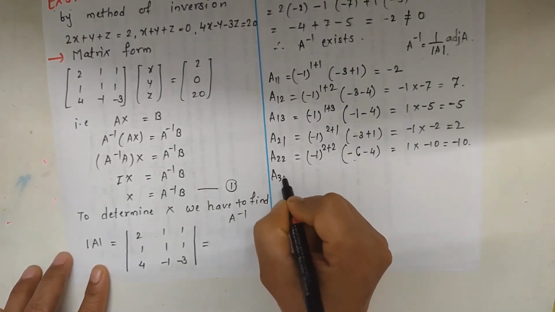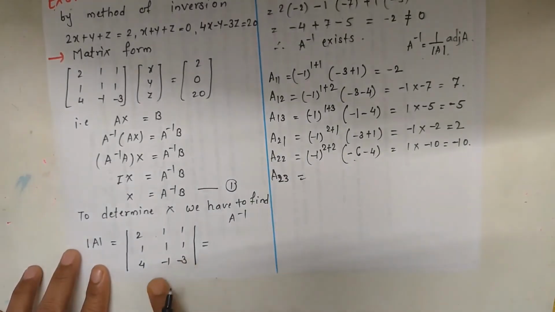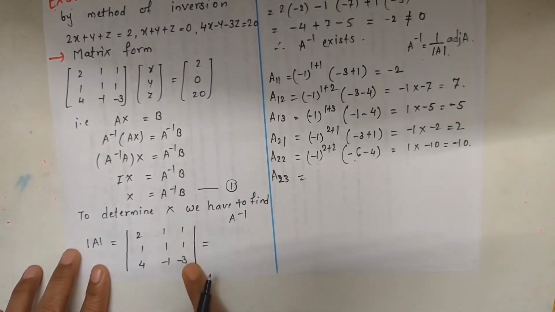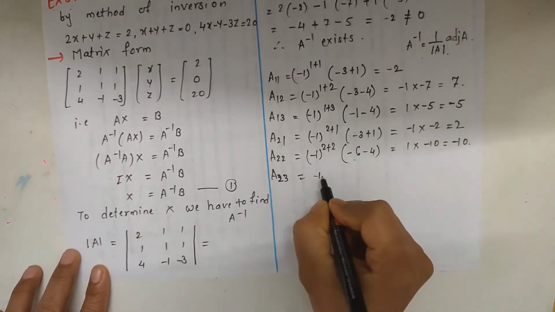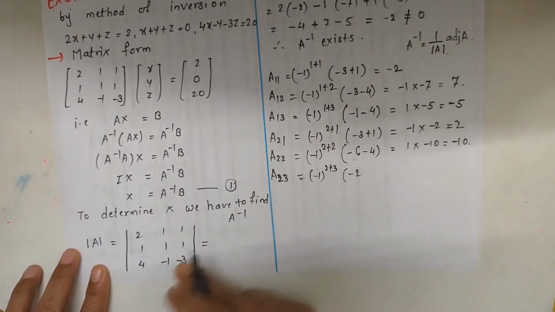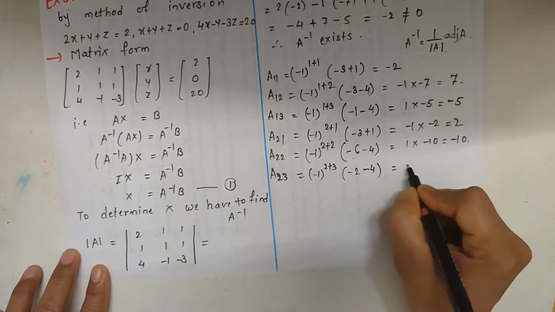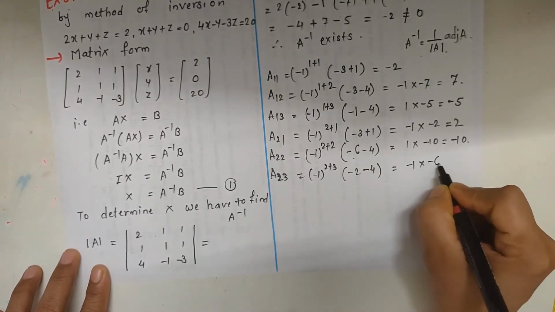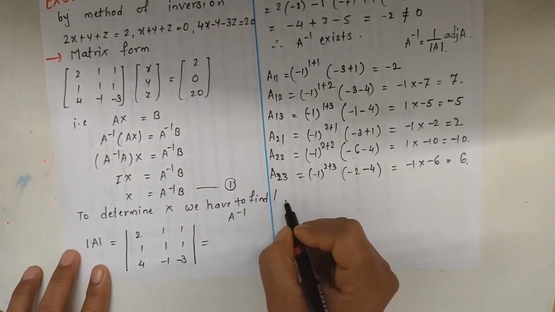Now the third element A23 is the second row, third column element. The cross multiplication of 2 into minus 1 minus 2, 4 into 1 minus 4 is equal to minus 1 into minus 6, which is equal to plus 6.